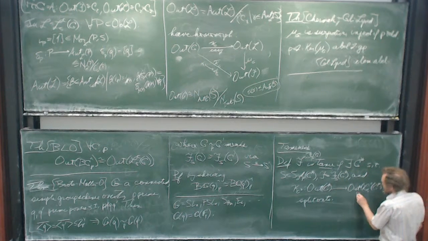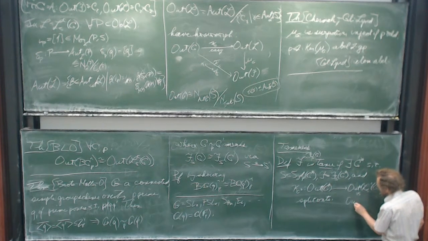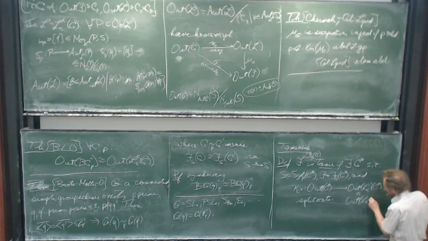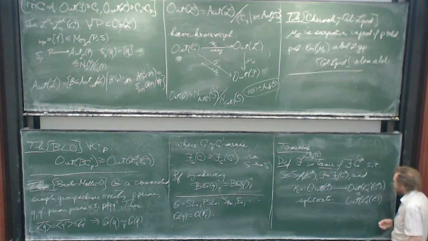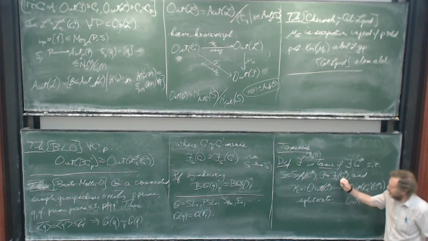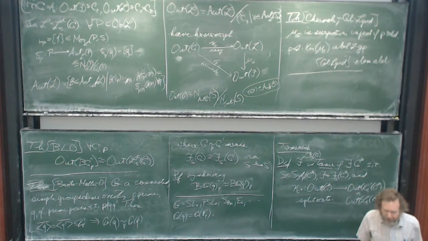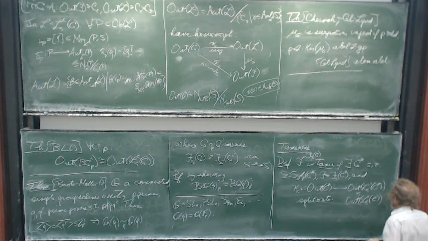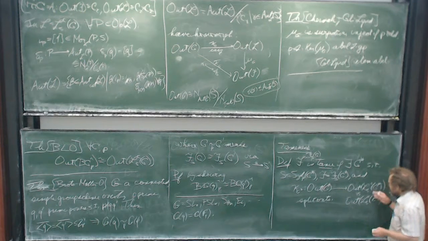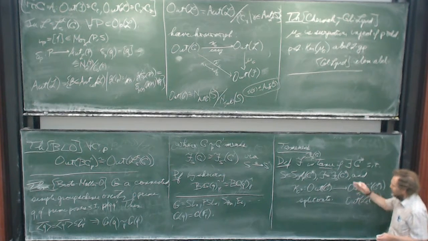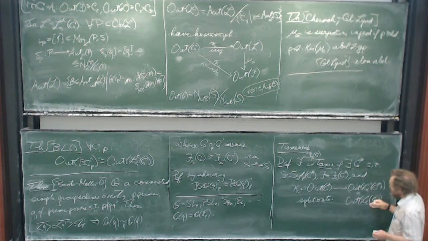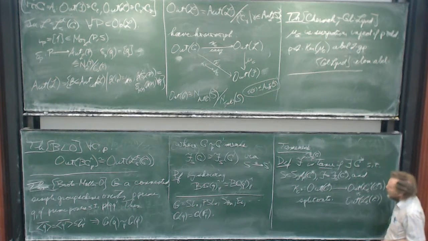And note, of course, that this is isomorphic to out of the linking system of G, since we're assuming that the fusion systems are isomorphic. And so by this theorem that's been talked about several times, if the fusion systems are isomorphic, then the linking systems are isomorphic. Okay, so this is split surjective.